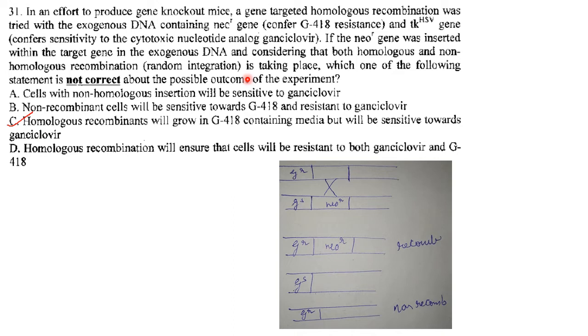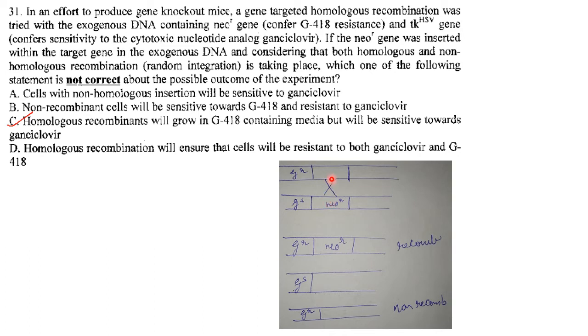So they want to conduct an experiment where they want to knock out a particular gene in mice. They have got exogenous DNA. This DNA has a neomycin resistance gene and a ganciclovir sensitivity gene, which I have marked as GS, and neomycin resistance I have marked as neo-R.